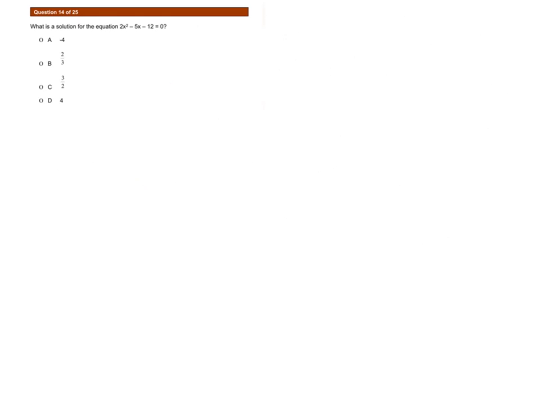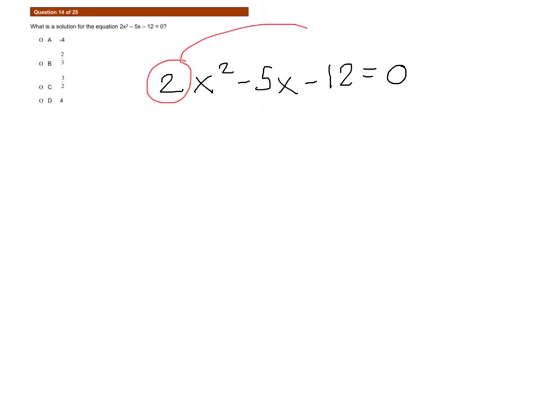What is a solution for the equation 2x squared minus 5x minus 12 equals 0? Well, we're just going to plug these numbers in to see which one gives you 0. Another way to do this is to factor this, and we'll do it by factoring just to kind of refresh our brains. And we talked about the one trick we use in algebra class, factoring with the cloud. With the cloud, we take that first number and we multiply it by the last term.